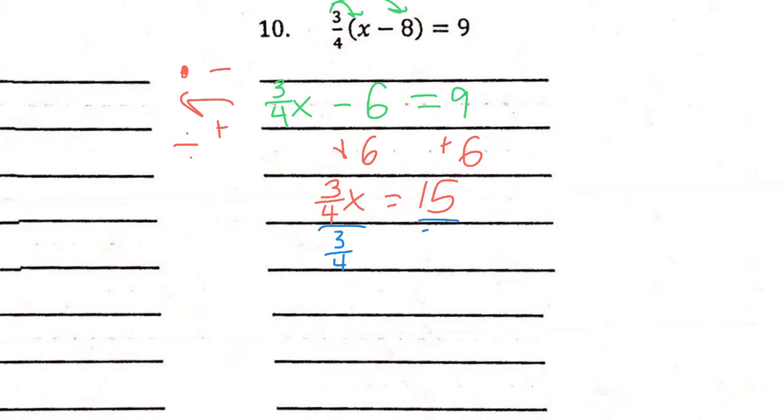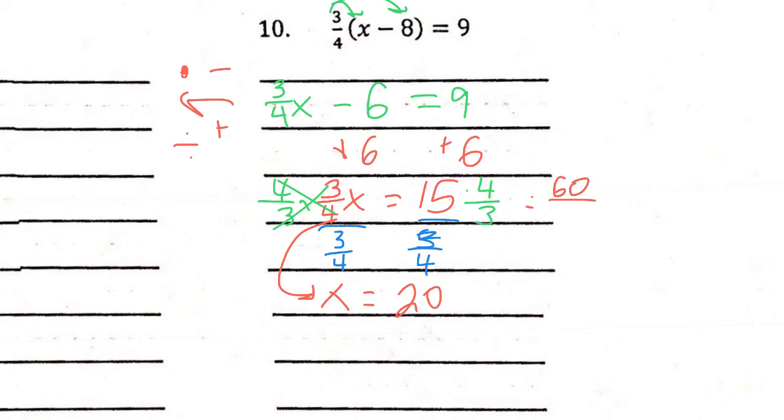But dividing by a fraction is the same thing as multiplying by its reciprocal, so I could really multiply both sides by 4 over 3. These cancel out, so I bring my x down, and I get x is equal to 20, because 15 times 4 over 3 is 60 divided by 3, which is 20.